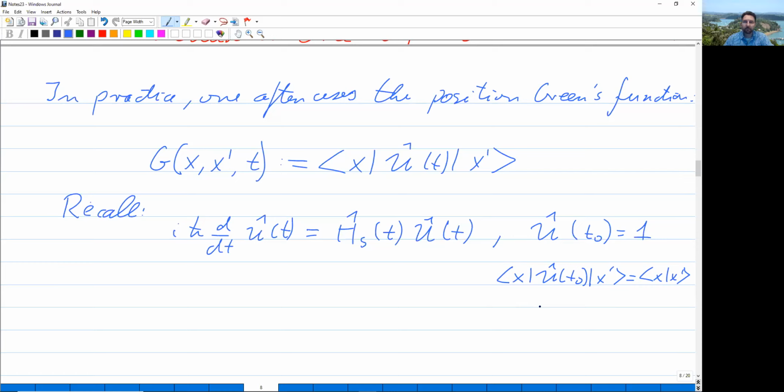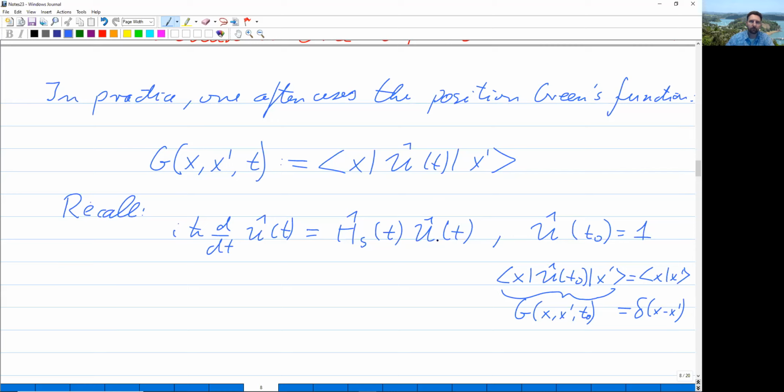And then what do we have? Then we have that G of x and x prime and t, because this is by definition what this is at t naught, because here this is our definition of the Green's function, so we just choose t equal to t naught, is equal to delta of x minus x prime. All right, so we've already translated the initial condition into an equation for the Green's function.